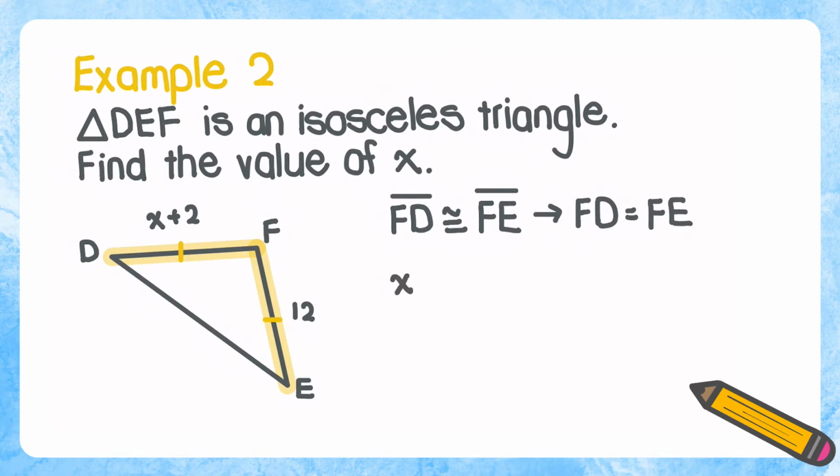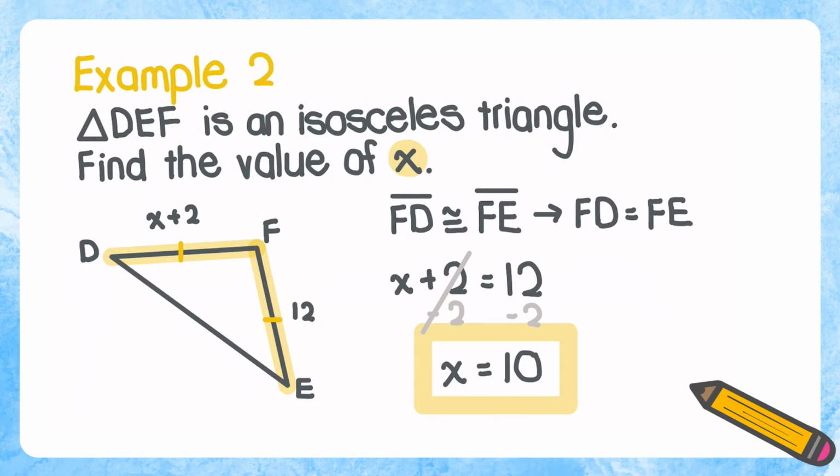Side FD measures x plus 2, and side FE measures 12. From here, we're going to find the value of x. To do so, we're going to subtract 2 on both sides to isolate the x. X equals 10.